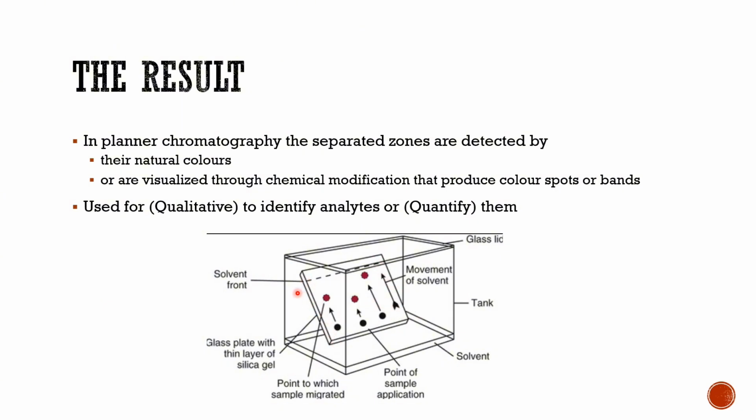This will be explained later in detail. This can be visualized from their natural colors, or a chemical or color can be added to allow detection of the analytes. It is used mainly for qualitative analysis, to identify analytes, or to quantify them.